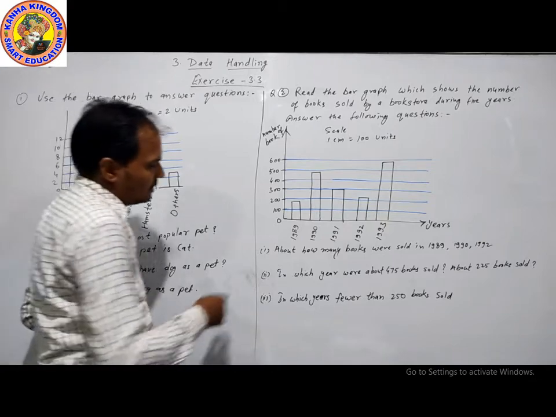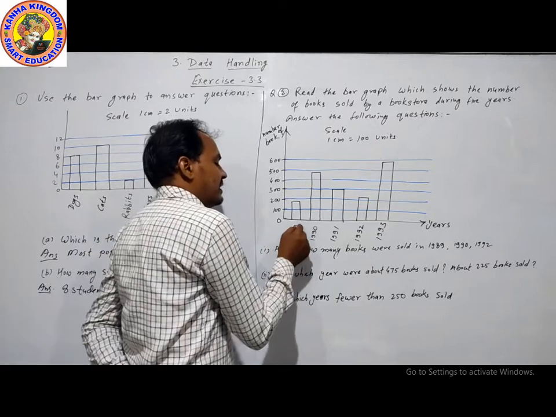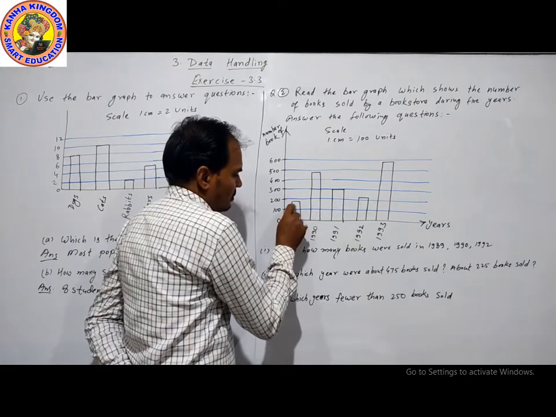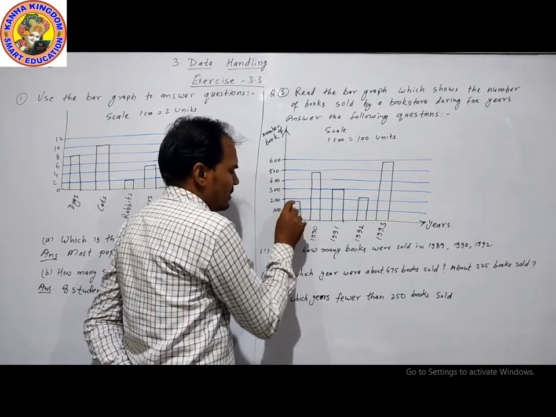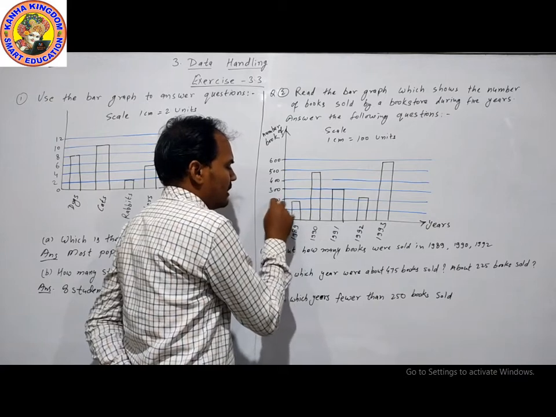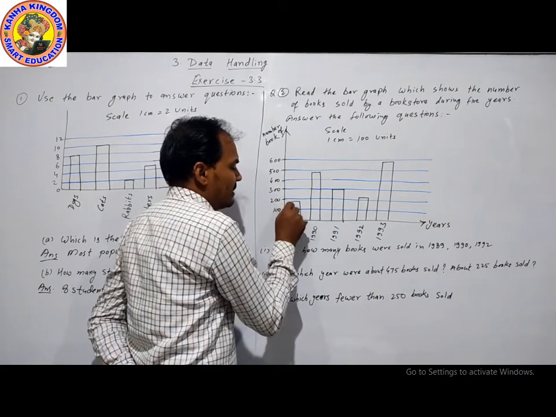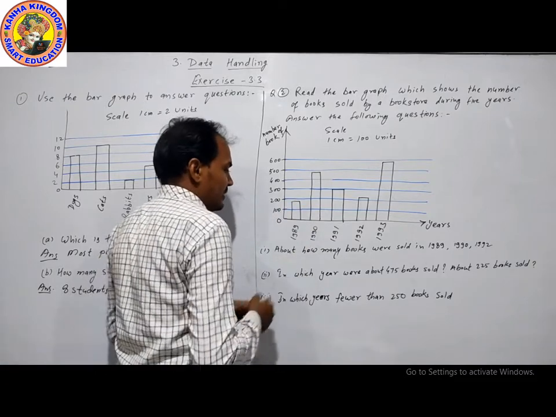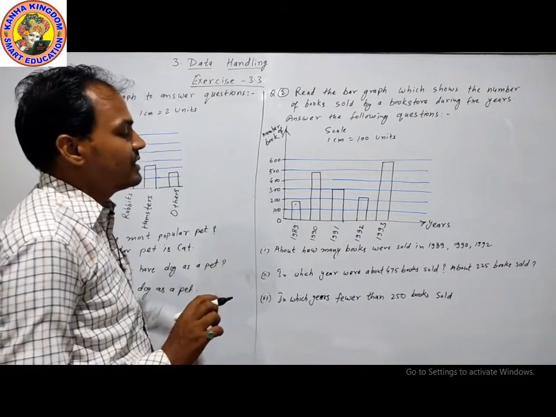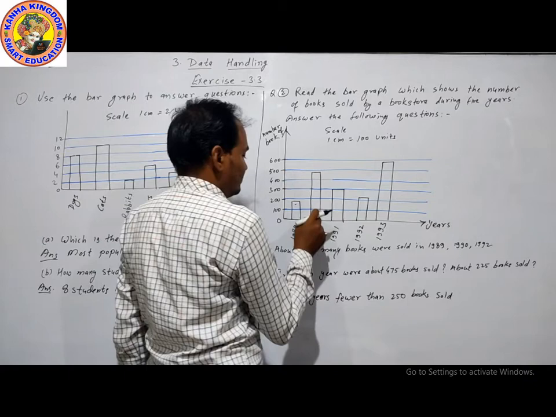Now take the first bar, 89, the 1989 bar. This bar is above the middle of 100 and 200. Between them is 150. This is above 150.